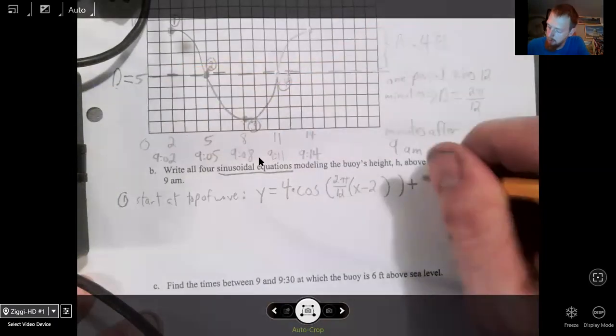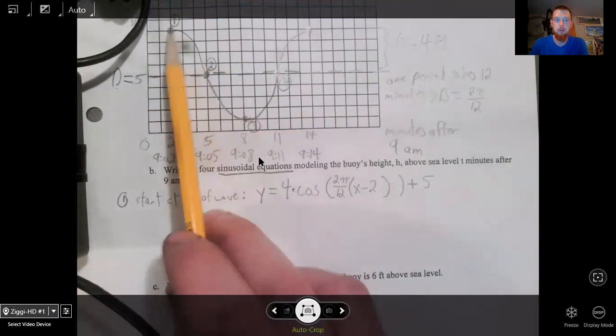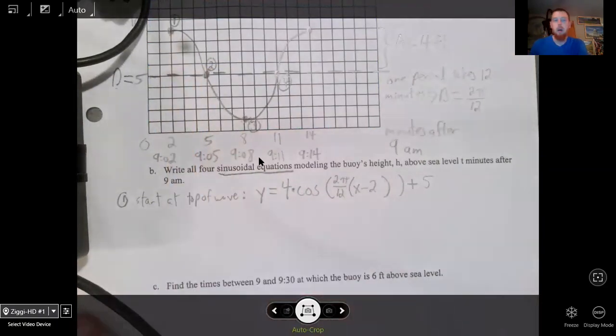So we're going to put plus 5 on the end. So that would be the sinusoidal equation that you would end up with if you started out thinking about this point here, point 1.